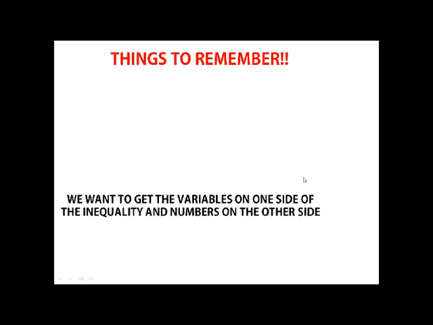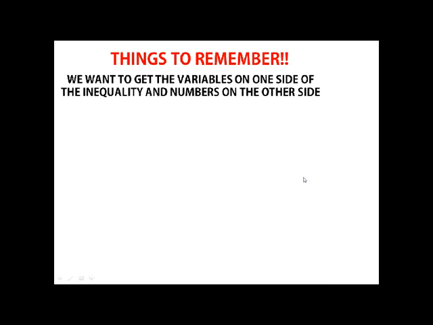Things to remember when working with one-step inequalities that use addition and subtraction. The first thing is, at the end of the day, you want to get x is greater than or less than some number. You want to get the variable on one side of the inequality and numbers on the other side.